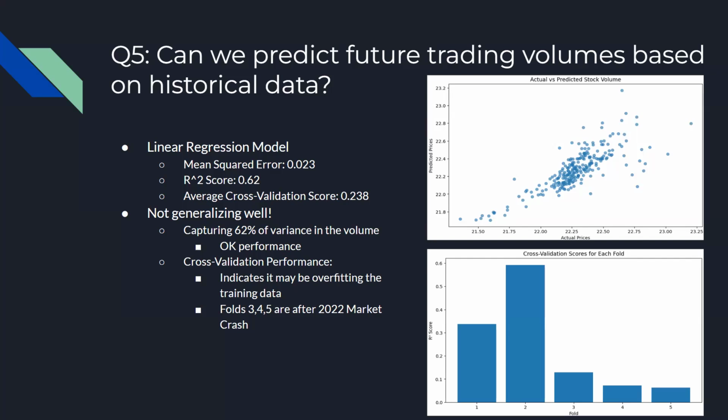But when you look at all of the testing data, it is pretty much not doing very well after folds 3, 4, and 5. Presumably because after the 2022 market crash, less people wanted to trade stocks, understandably. So just less people in general traded then. So it's not a very linear relationship there, and we think that's why it is struggling.